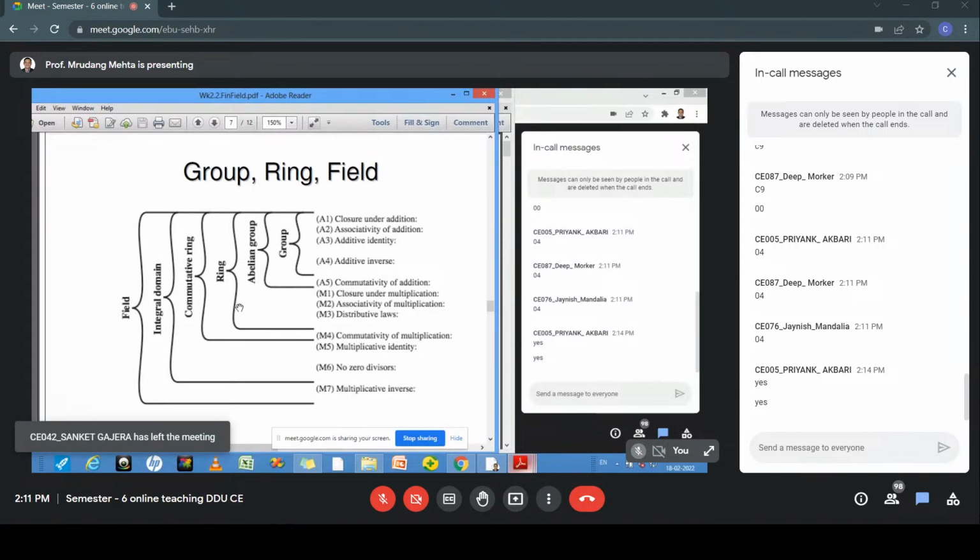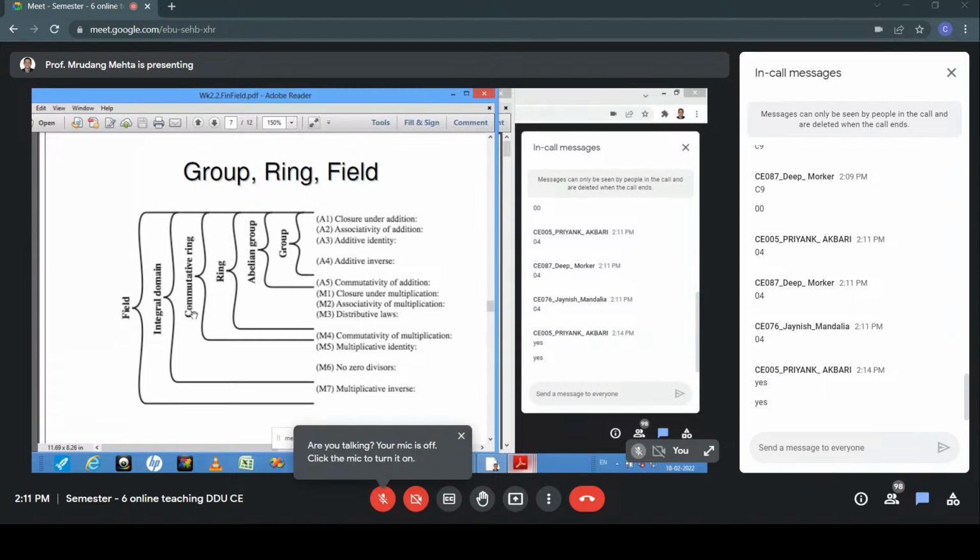Then from ring comes commutative ring and integral domain, and then comes field. So this is the scope of field. This is a general diagram for you to create an understanding of how this field is related to the group, abelian group or ring concepts which you have already studied.